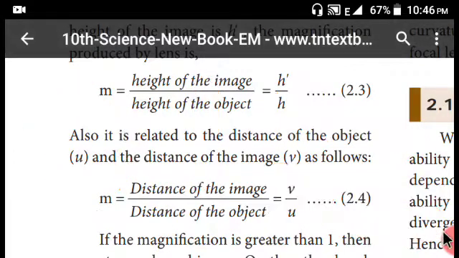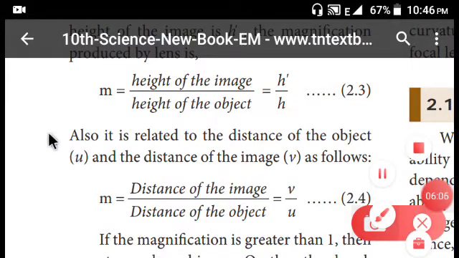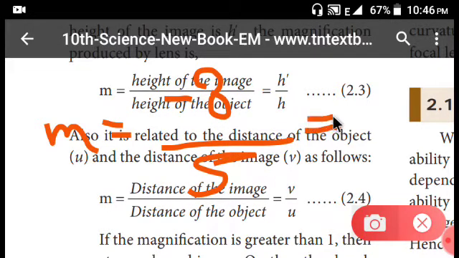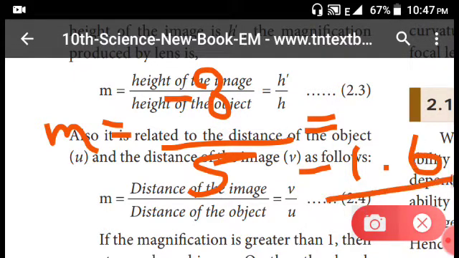And later, to calculate magnification, what we need to use is the height of the image, minus 8 centimeter, divided by the height of the object, which is 5, and after solving it we'll be getting minus 1.6. That is the magnification.